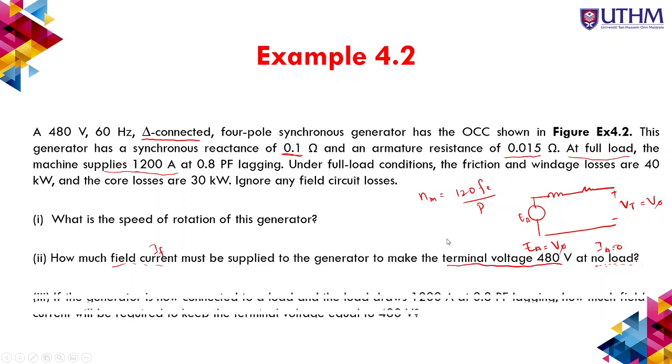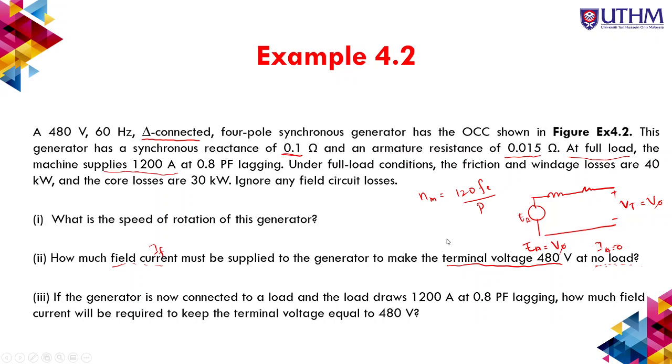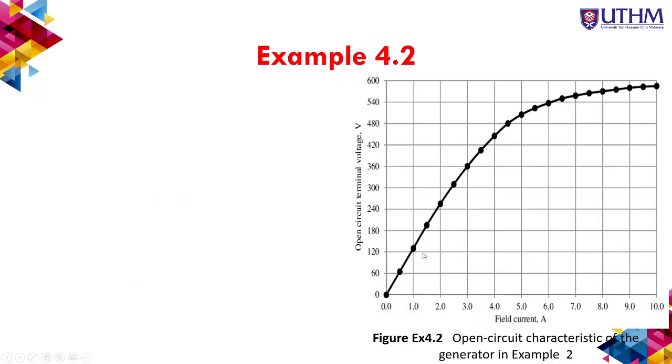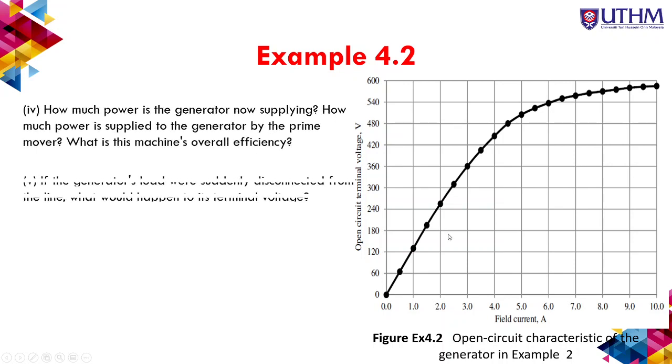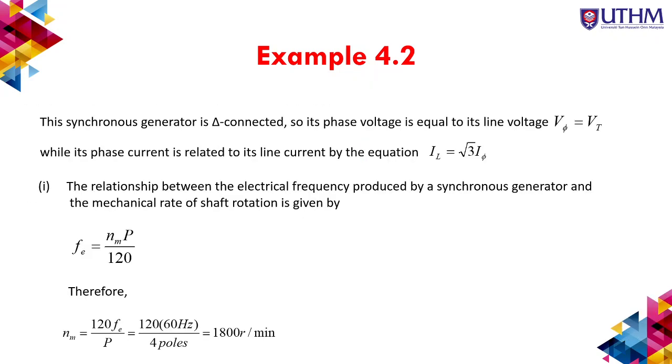Okay, and then if the generator is now connected to the load and the load draws 1200 ampere at 0.8 power factor lagging, how much field current will be required to keep the terminal voltage equal to 480? I think better we try to solve one by one. So this is the graph.